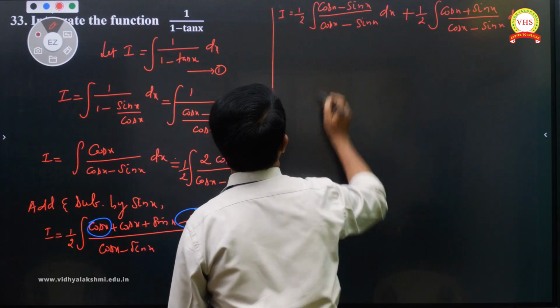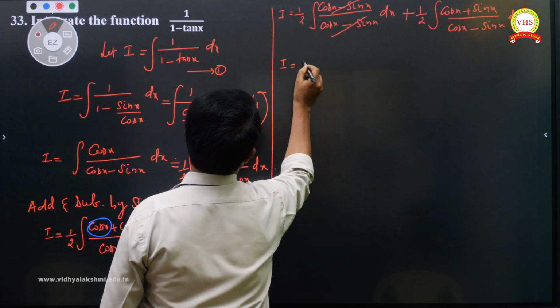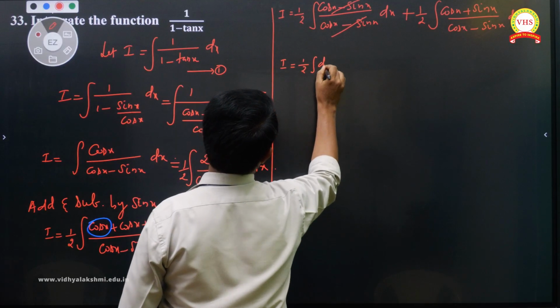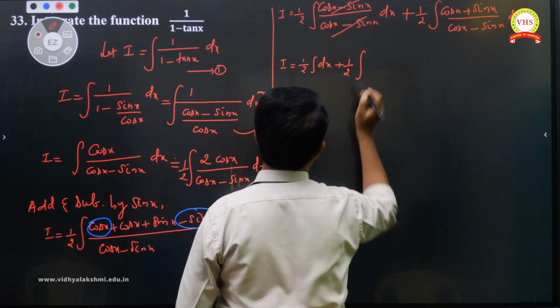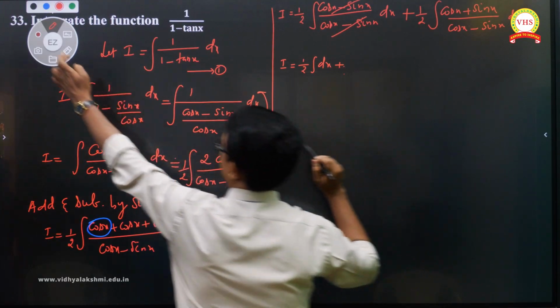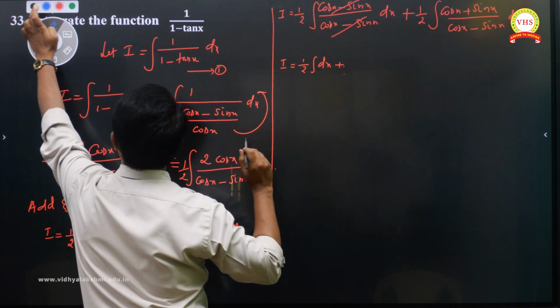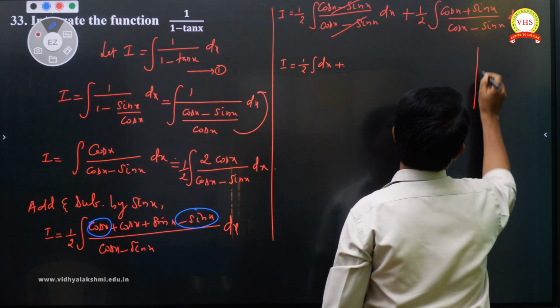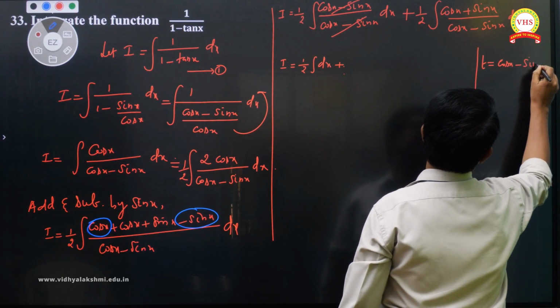Now this cancels. What are we going to get here? I equal to 1 by 2 into integral dx plus 1 by 2 into integral, with the same ideology. Before that, we apply substitution here. Let t equal to the denominator, cos x minus sin x.